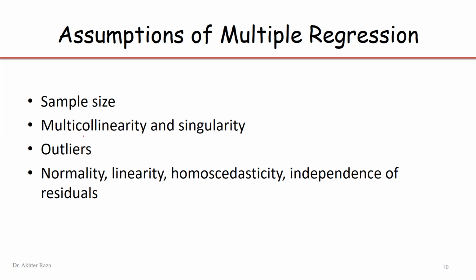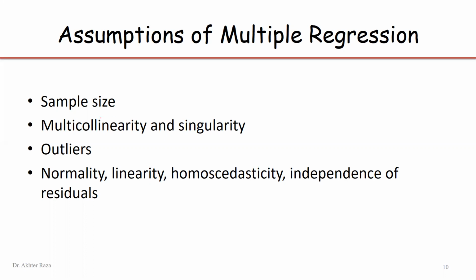Multicollinearity and singularity are two important issues. The dependent variable and the independent variables should have a strong correlation among themselves. But multicollinearity is an issue in multiple regression whenever the predictors have a strong significant correlation.